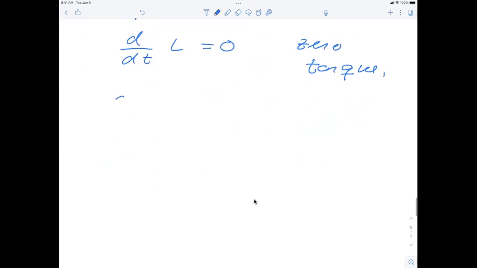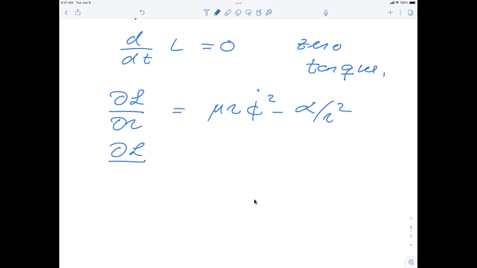So when I take now dL of d r, and this is the final piece we are going to look at, when we take the derivative there, we are going to get mu times r times phi dot squared minus alpha over r squared. And then if I take d/dt of dL/d r dot, this is really the final step, this is going to be equal to mu times r dot, and then I take the derivative of that quantity, and that's the same as mu times r double dot.